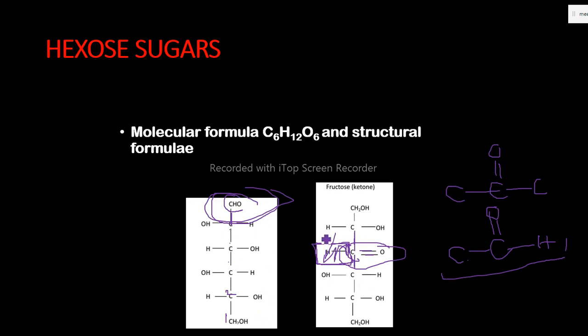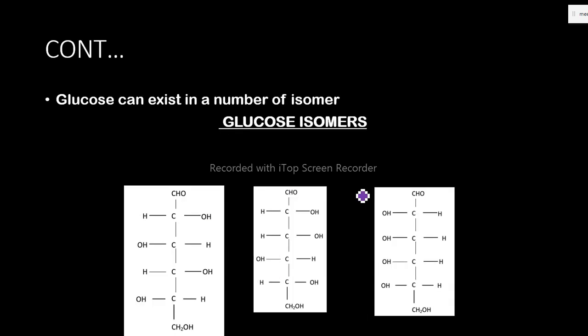So they all have that general formula. However, they have different structures, and so they are referred to as isomers. For instance, glucose itself can also exist in different isomers.